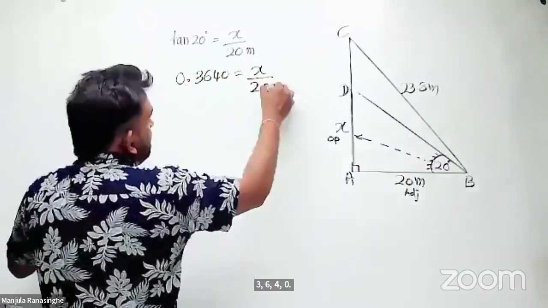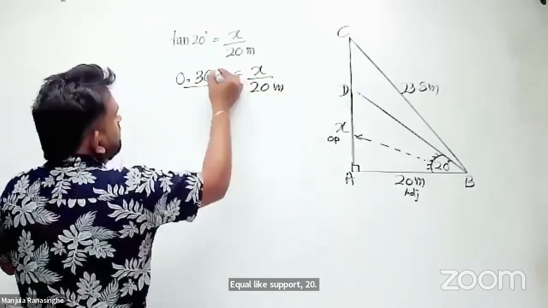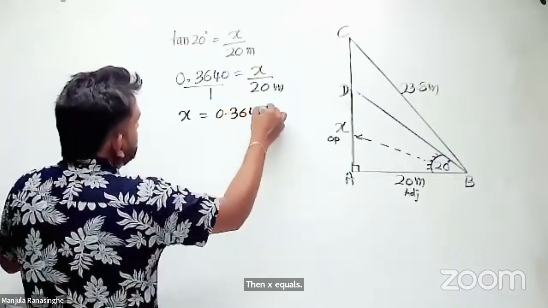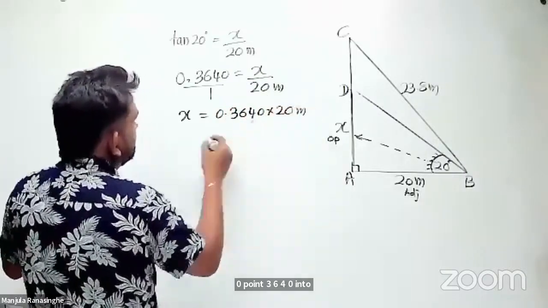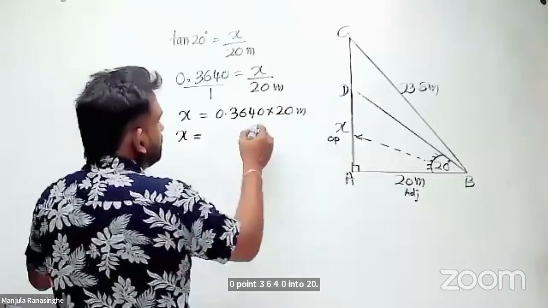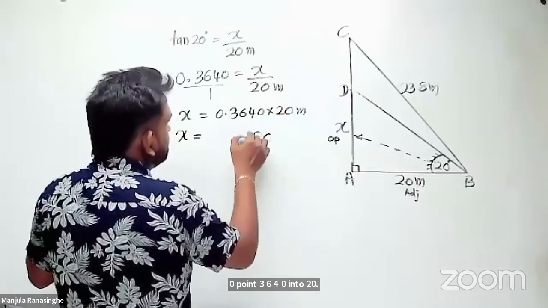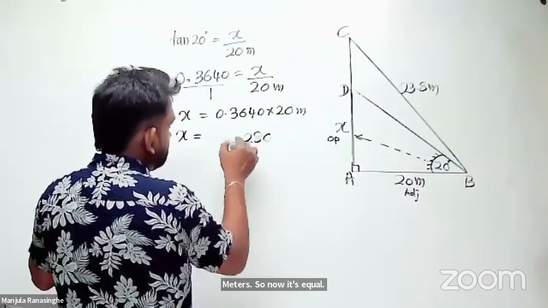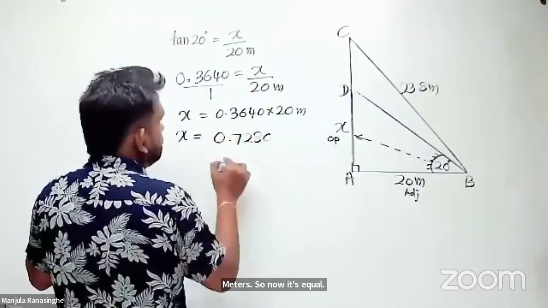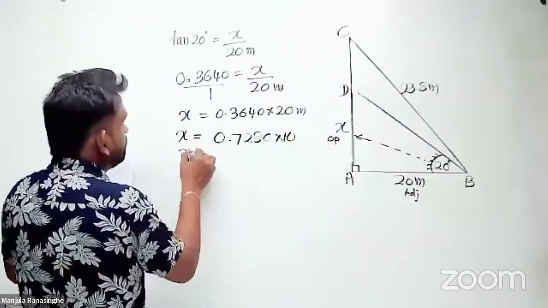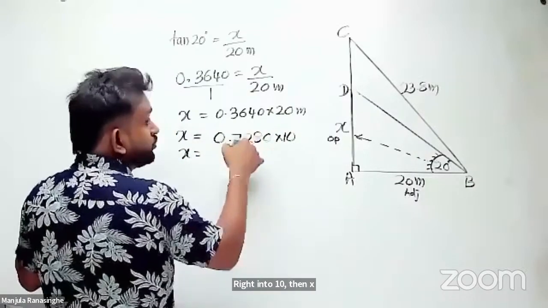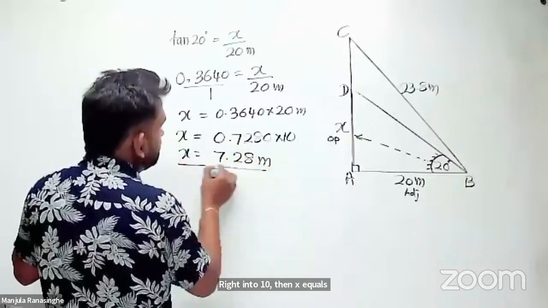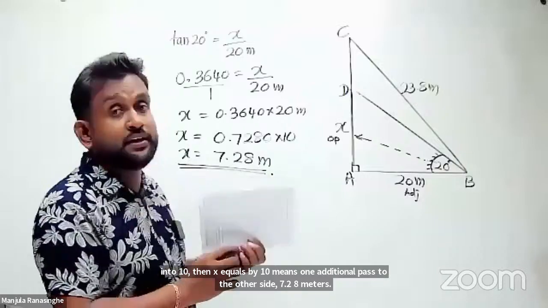Cross multiply, then X equals 0.3640 into 20 meters. Multiplying by 10 shifts the decimal one place, so X equals 7.28 meters. That is the AD length.